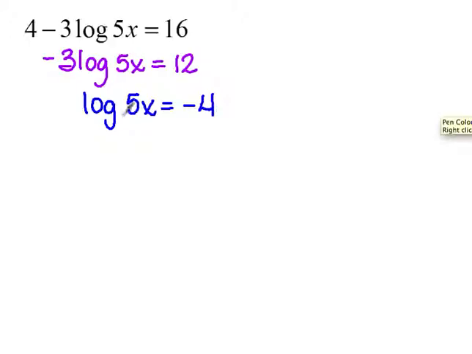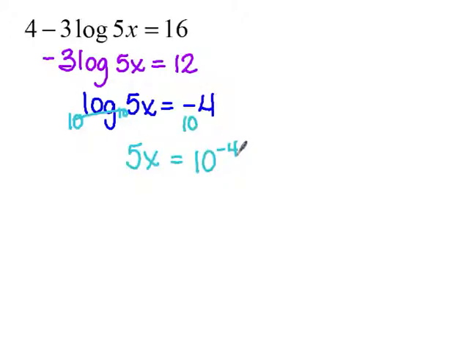Next step, we've got a base 10 here, so that's really 10 to both sides. I end up with 5x, because those two cancel, equals 10 to the -4th power.